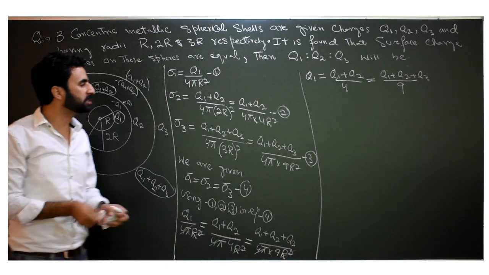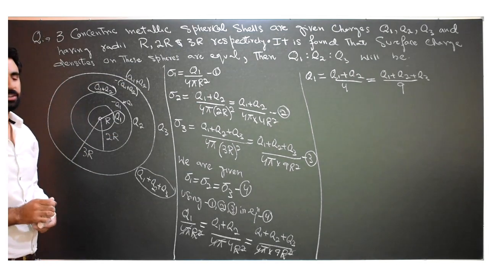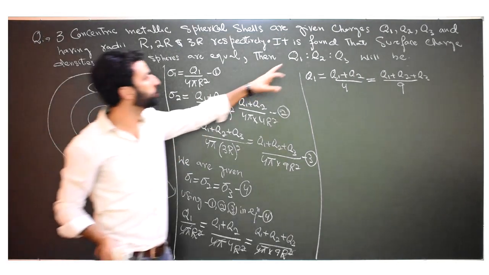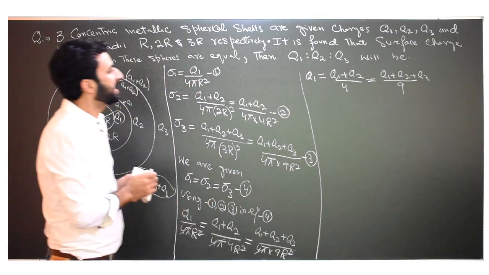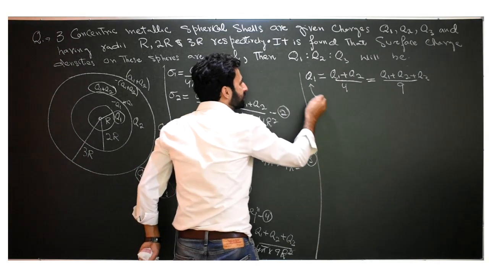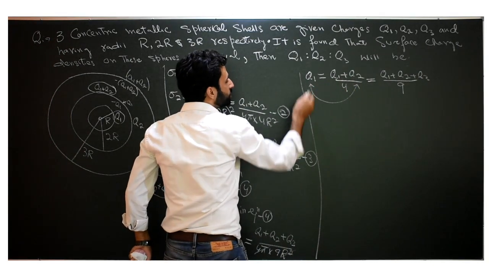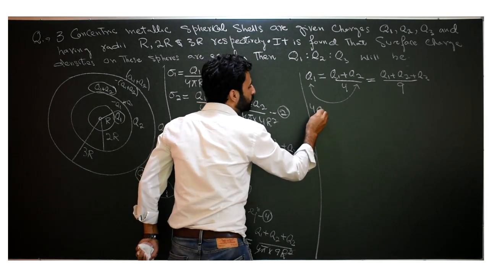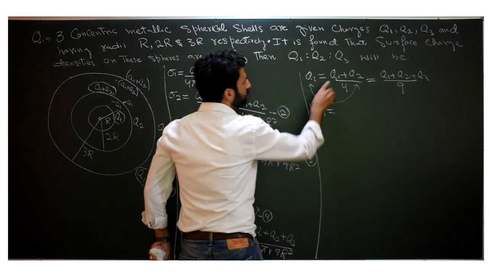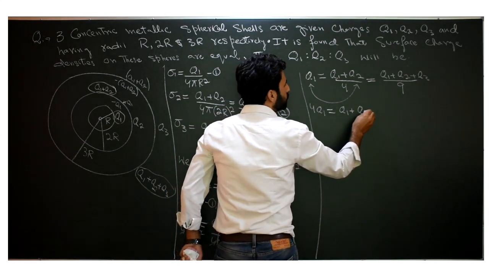So we're almost done. We just have to use some simple algebra to find the relative ratio of Q1, Q2 and Q3. Now what we can do is, if we equate these two parts, multiplying 4 with this Q1, we'll have 4 times Q1 is equal to Q1 plus Q2.